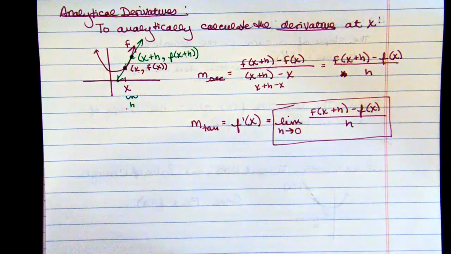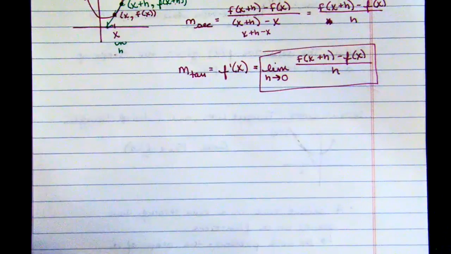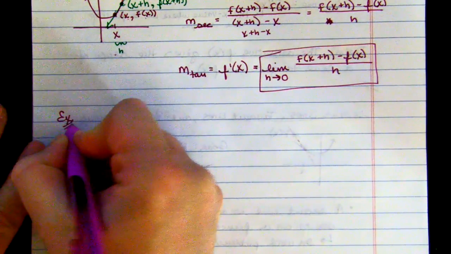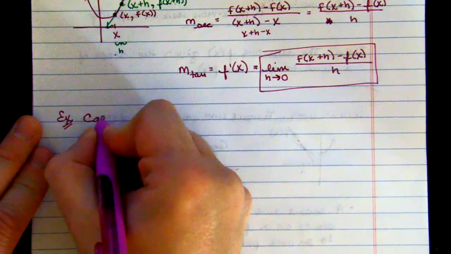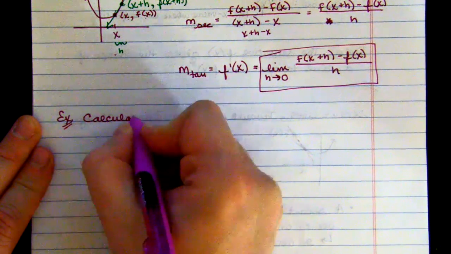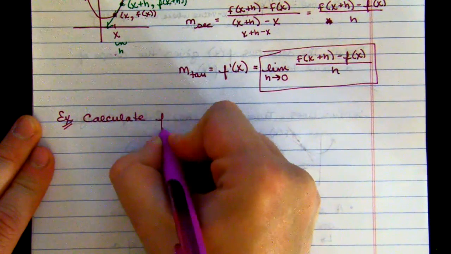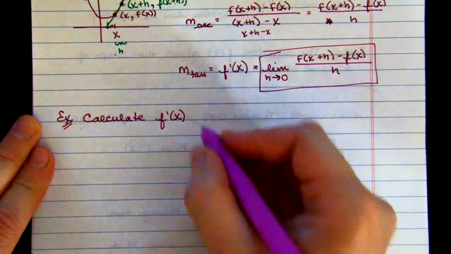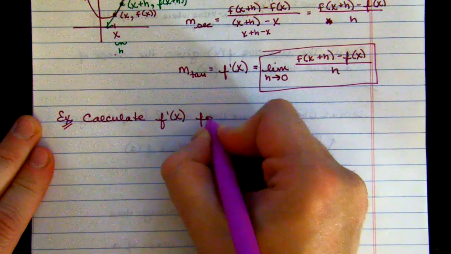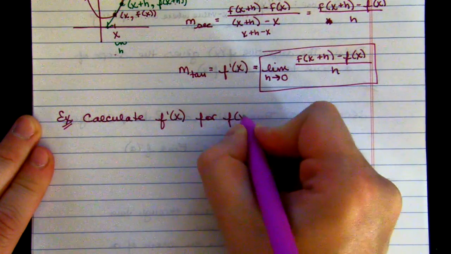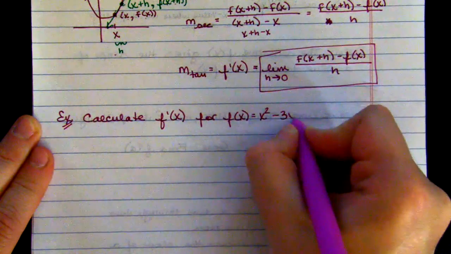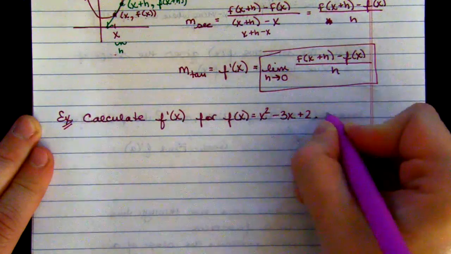Let's see how to use this. First example. We are going to calculate f prime of x, the derivative of f of x, for the function f of x equals x squared minus 3x plus 2.